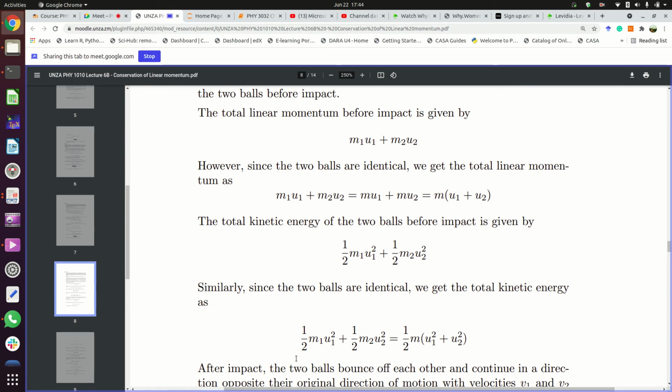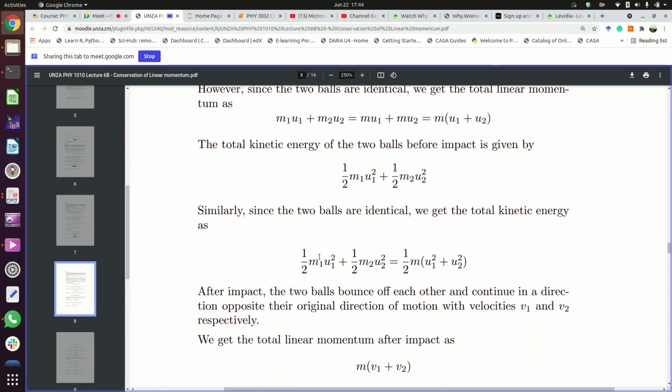So the total kinetic energy before collision, that's what we're working out here, starting from here. It's going to be half m1, the mass of the first ball, multiplied by the velocity of the first ball, u1 squared, plus half m2 multiplied by the velocity of the second ball squared, u2 squared. This is the total kinetic energy before the collision happens.